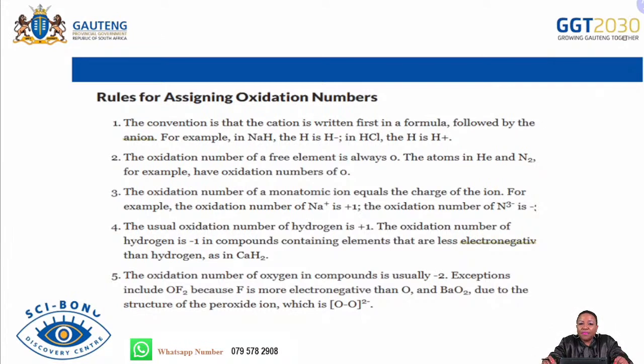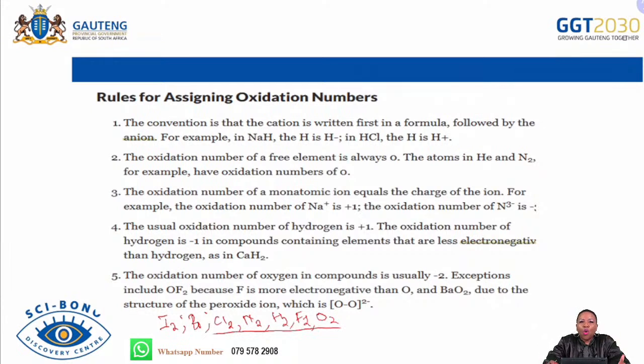By neutral, I mean they have the same number of electrons and protons, and that includes those diatomic elements. Those diatomic elements are what? Iodine, bromine, chlorine, nitrogen, hydrogen, fluorine, and, 3, 4, 5, 6, 7, and what? Oxygen. So we already know that all these diatomic elements, their oxidation number is also 0.